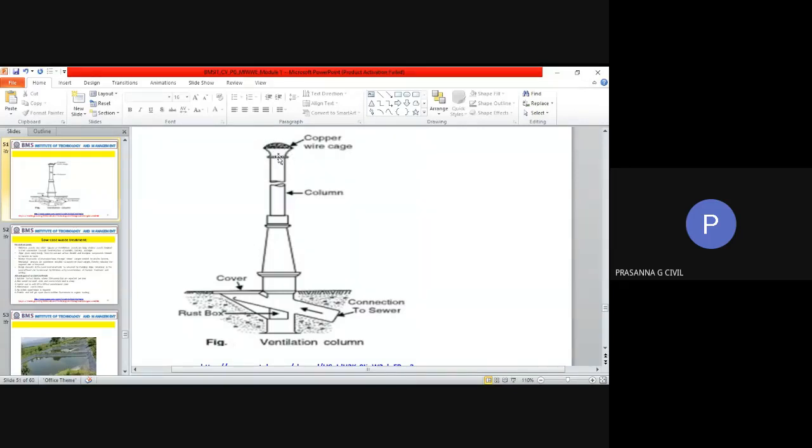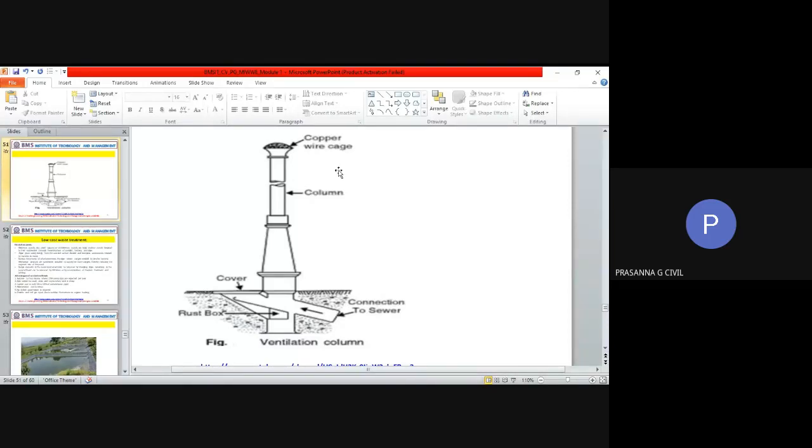Nowadays you get a PVC top for that, which will have holes or vents at the top. Look at this: this is the sewer connection, and they attach a vertical column to that. This gives the shaft so that any gas buildup in the pipeline can be removed.